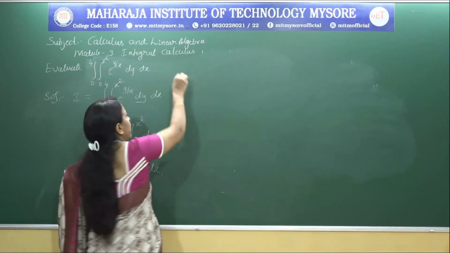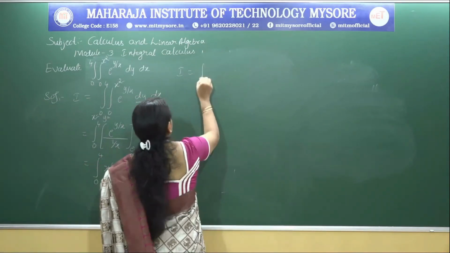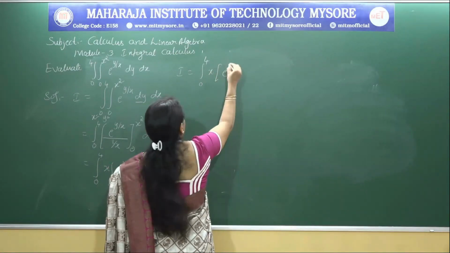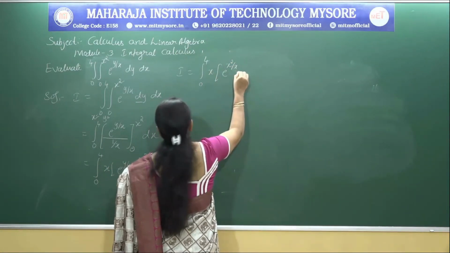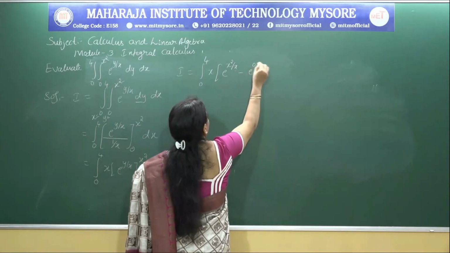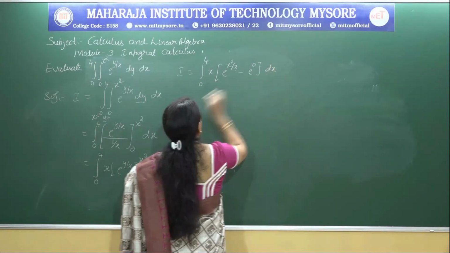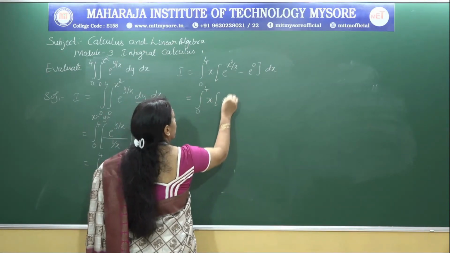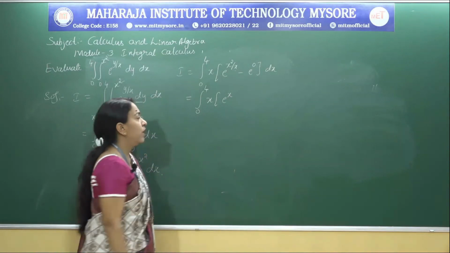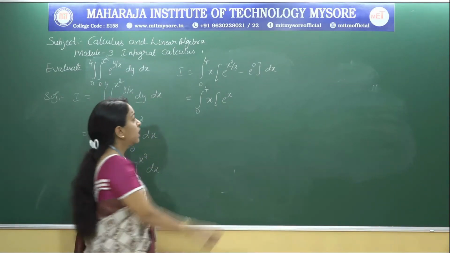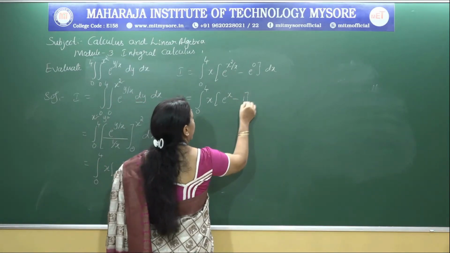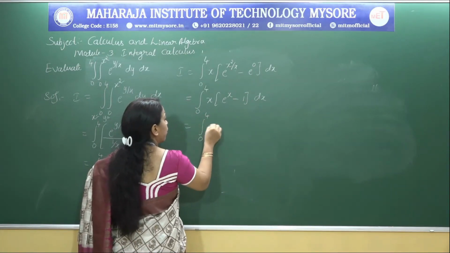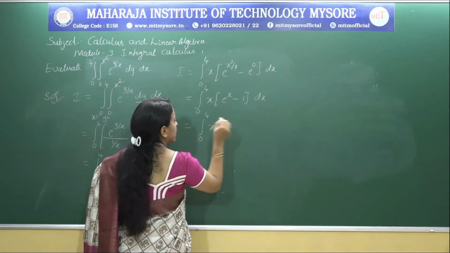Now apply the limit. I is integral 0 to 4 x into e to the power of x square by x minus the lower limit e to the power of 0 dx, or it is nothing but integral 0 to 4 x into e to the power of x, x square by x is reduced to x, minus e power 0, we know that is 1, dx.